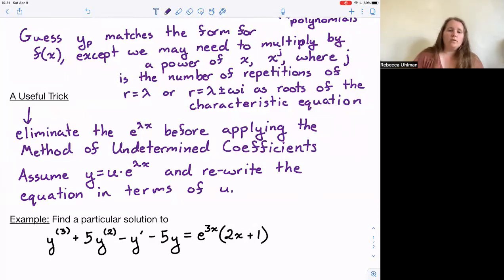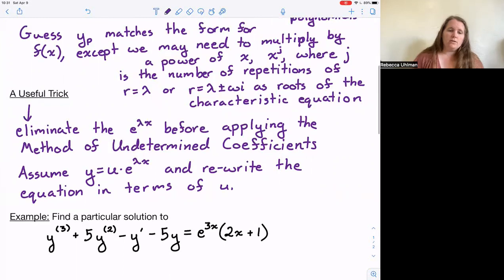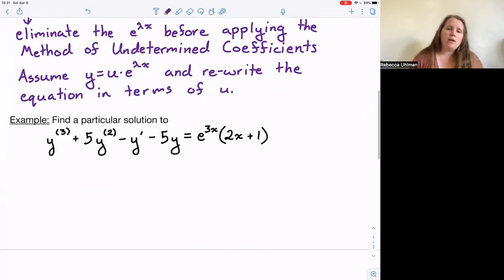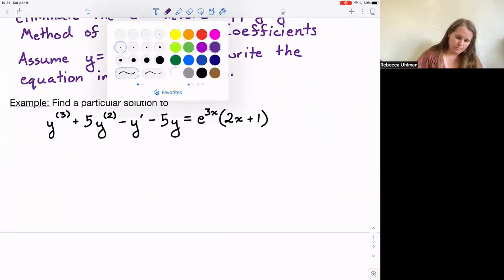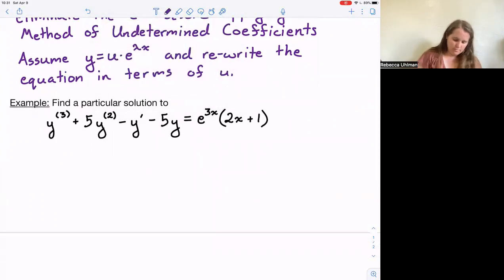So for example, let's say that we want to find a particular solution to the third derivative of y plus 5 times the second derivative minus y prime minus 5y is equal to e to the 3x times 2x plus 1. So we could go ahead and assume y is equal to e to the 3x times u.